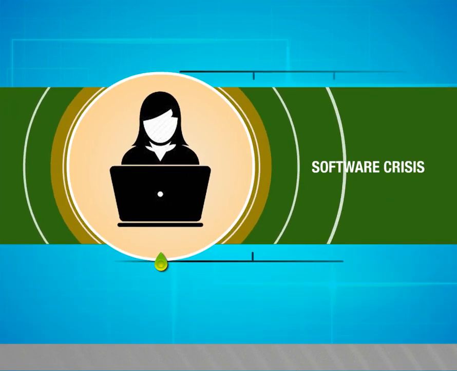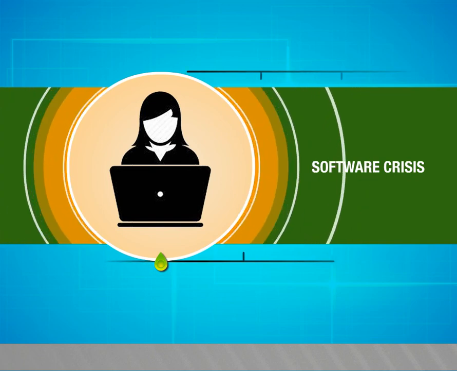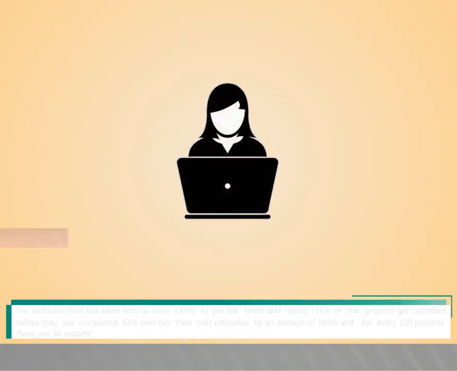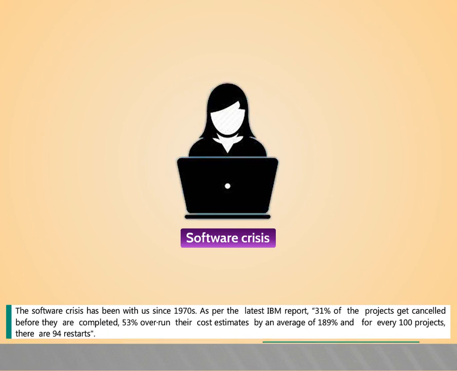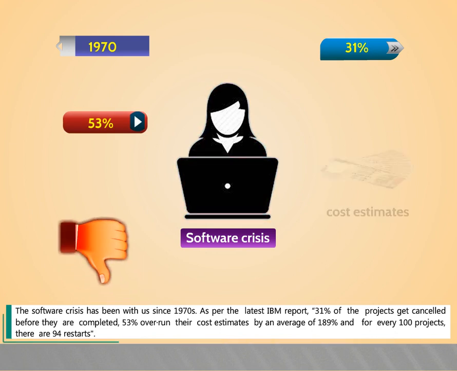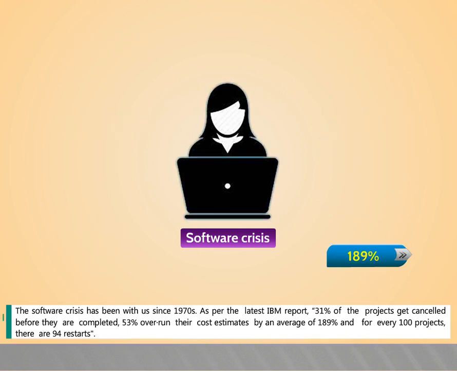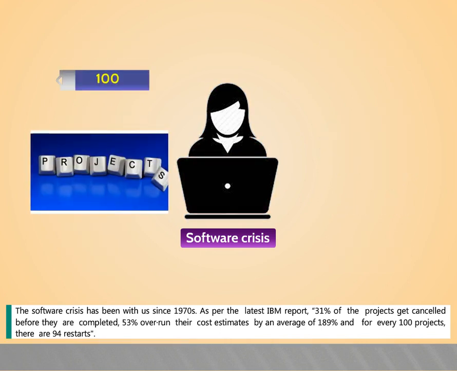Software crisis. In this video, we are going to see about software crisis. The software crisis has been with us since 1970s. As per the latest IBM report, 31% of the projects get cancelled before they are completed, 53% overrun their cost estimates by an average of 189%, and for every 100 projects, there are 94 restarts.